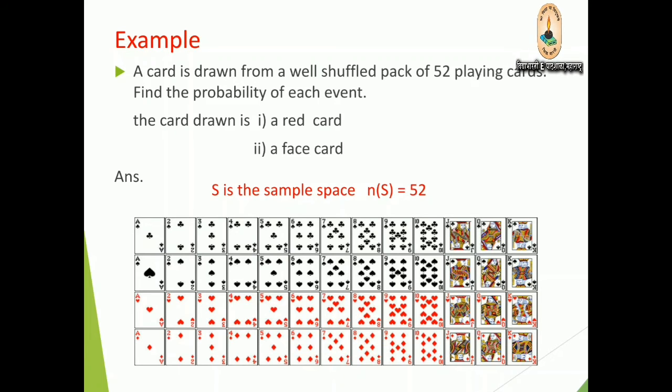Here the random experiment is that a card is drawn from well-shuffled pack of 52 playing cards. There are total 52 playing cards as shown in the picture. S is the sample space and therefore n of S equal to 52.